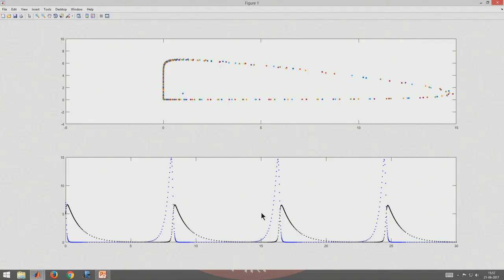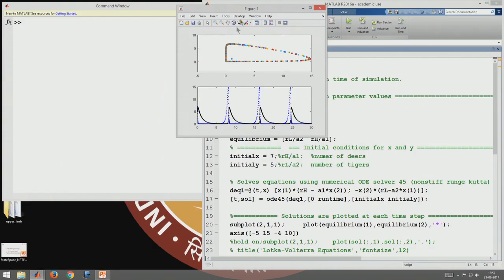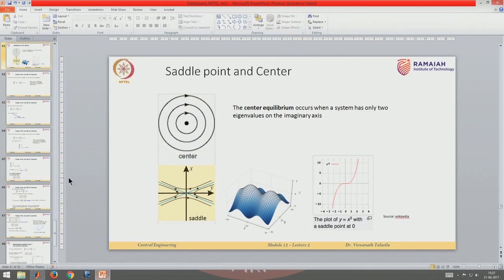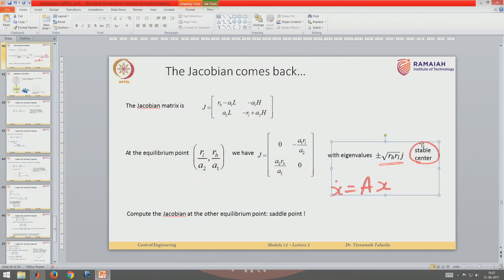Now you can see the numbers have changed because the initial condition of the tigers and the deers were different. So this behavior, which is a numerical simulation of a nonlinear equation, actually agrees with what we expected to get from our linearized model, where we predicted that we are going to get a stable center, and the simulation of the nonlinear dynamics has shown exactly the same behavior.